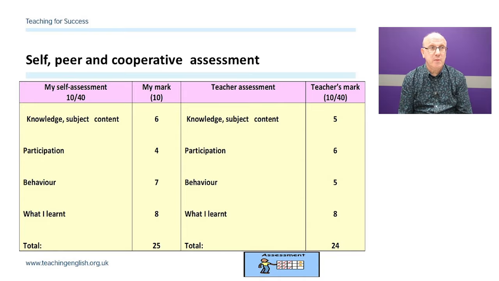They'll give themselves a mark, not just for the knowledge that they've achieved in that lesson, but how they've behaved in the lesson, how they've interacted with others. In this case each one is 6 out of 10 or 4 out of 10 or whatever. It could be any range of marks. If your marking system isn't that way, if it's 1 to 5 or letters, then obviously you choose what you do in your context.